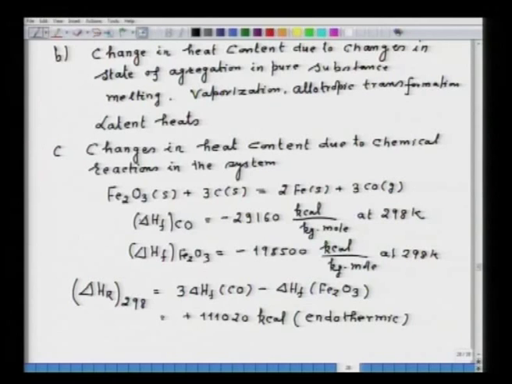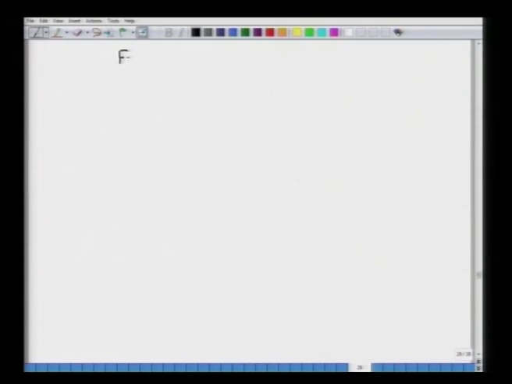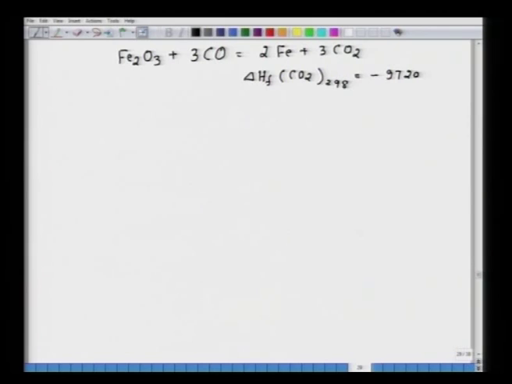Let us take it now, say Fe2O3 plus 3 CO, that is equal to 2 Fe plus 3 CO2. All the values I have given. Now, I am giving also here delta HF CO2, which is not given above, 298, that is equal to minus 97,200 kilocalorie.